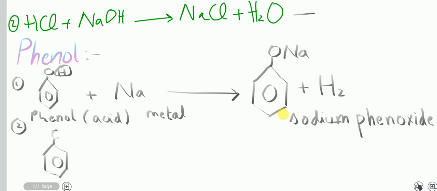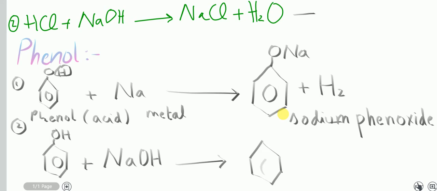Again, we're going to have phenol, which in this case is going to act like an acid, and we're going to react it with a metal hydroxide, an alkali base, and we would get a similar product over here as we did in the reaction of HCl with NaOH, right? O and Na, the similar compound as this reaction.